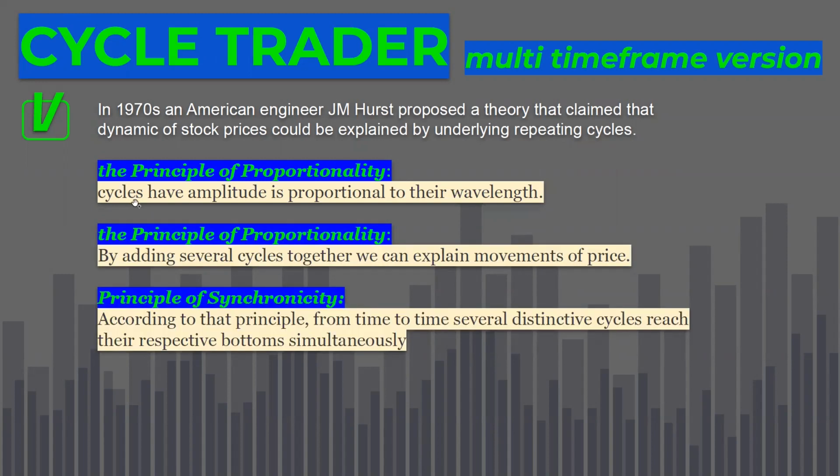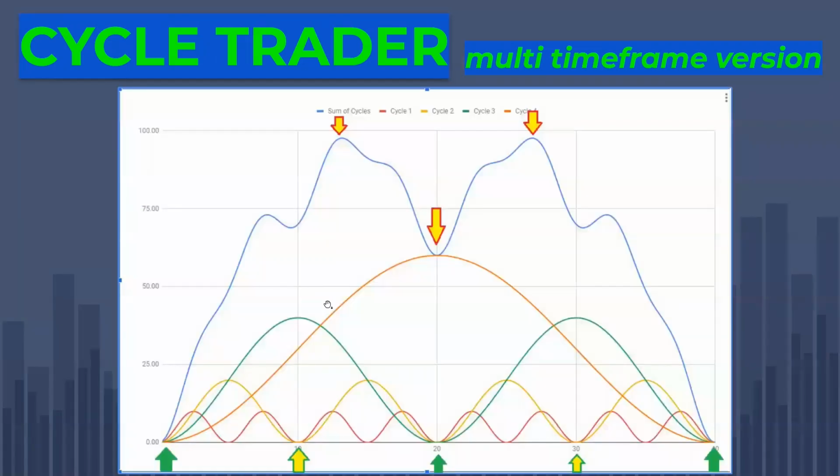Let's look at the chart. We can see that here all 4 cycles bottomed at one point in time. Here we bottomed at one point in time, and here we bottomed at one point in time. The idea behind cyclical analysis is that if you could detect those cycles, most likely those will be the points when price itself makes an important bottom.